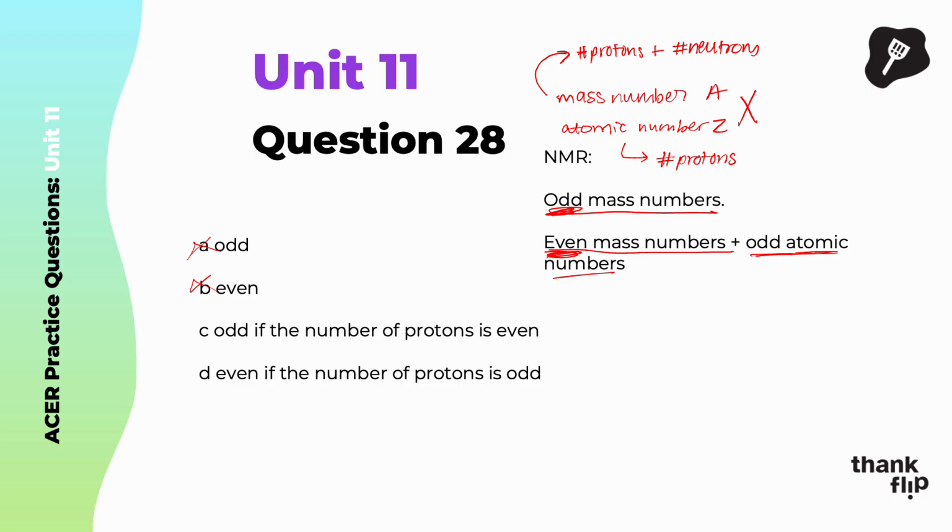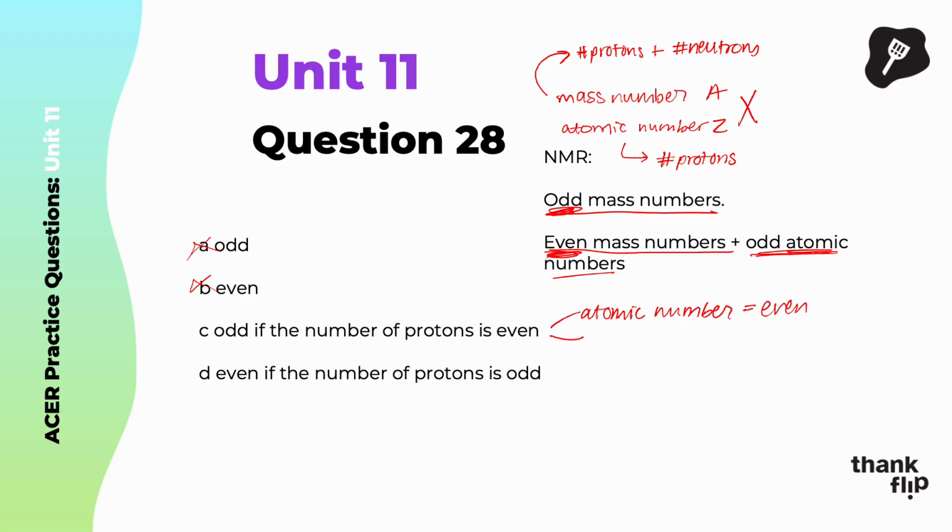Is the number of neutrons odd if the number of protons is even? Okay, so if the number of protons is even, that means the atomic number is even.